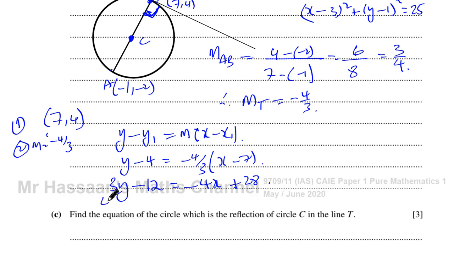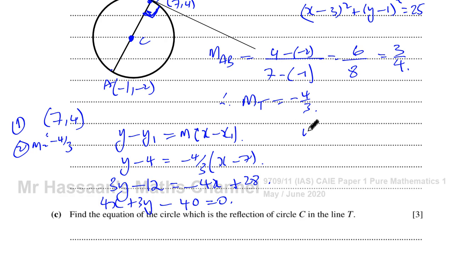Okay, so we can bring everything to one side. 4x plus 3y minus 40 equals 0. That's 28 plus 12 is 40. That's one form of the equation.